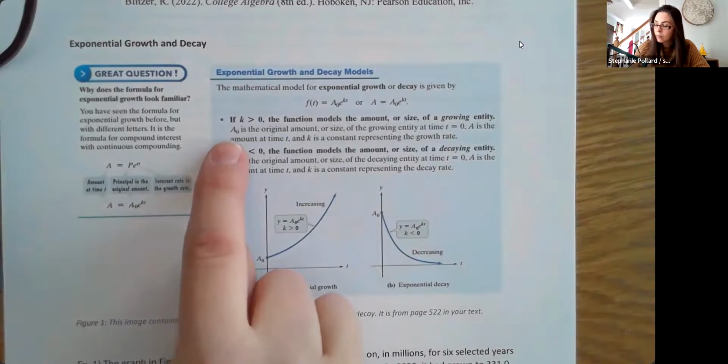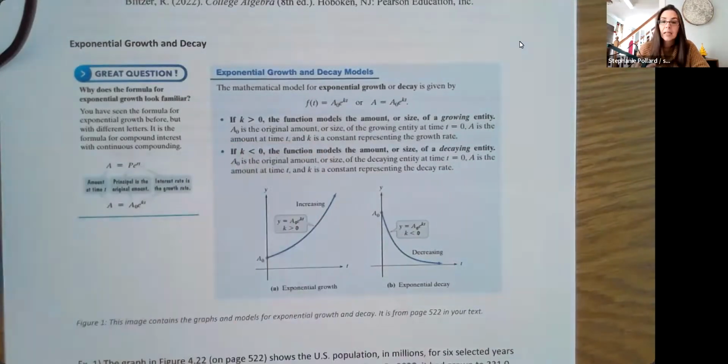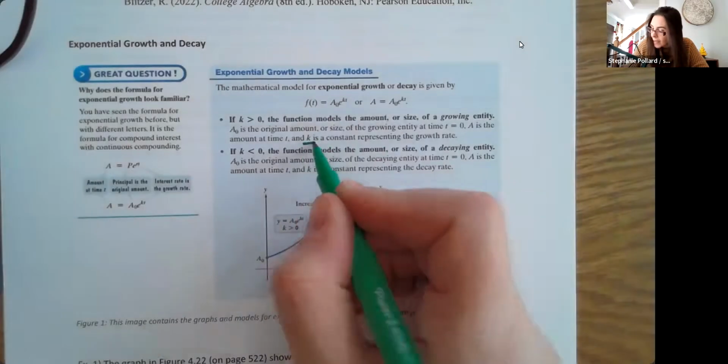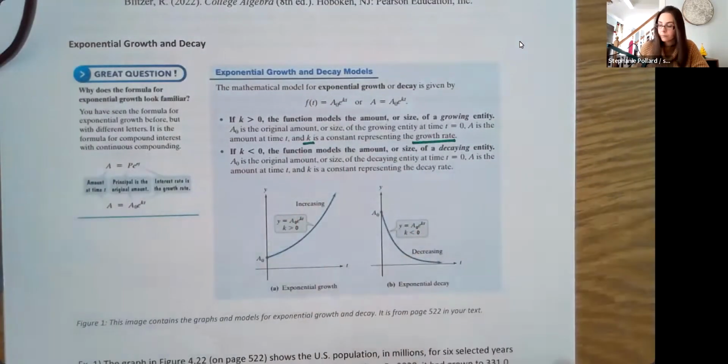A sub 0 is the original amount or that starting size of the growing entity at time t equals 0. A is the amount at time t, so maybe you're looking at what happens after 2 years or 5 minutes, whatever the time is. And k is a constant that represents the growth rate. So that's really important here. That k value is that growth rate.